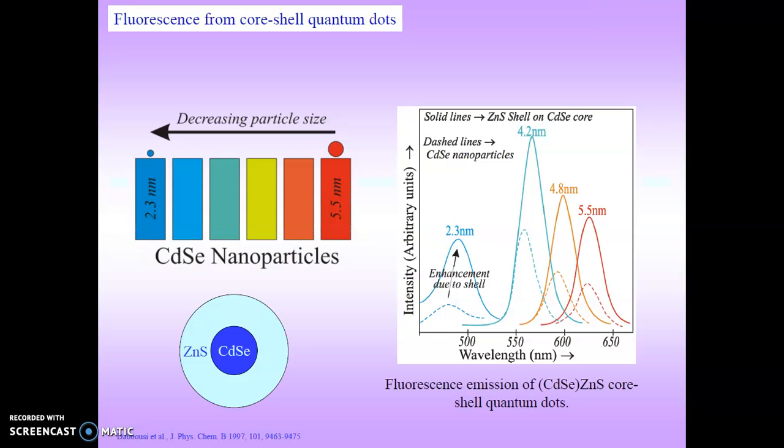Here it shows the cadmium selenide nanoparticle. When you are changing the size, there is a color variation. The intensity also varies depending upon the size.